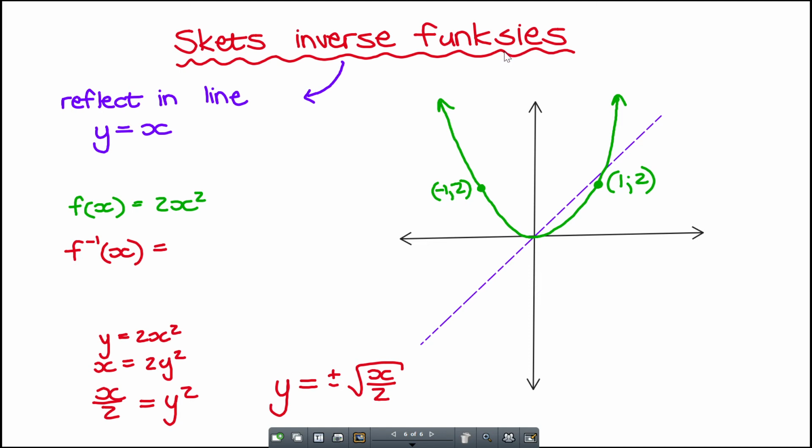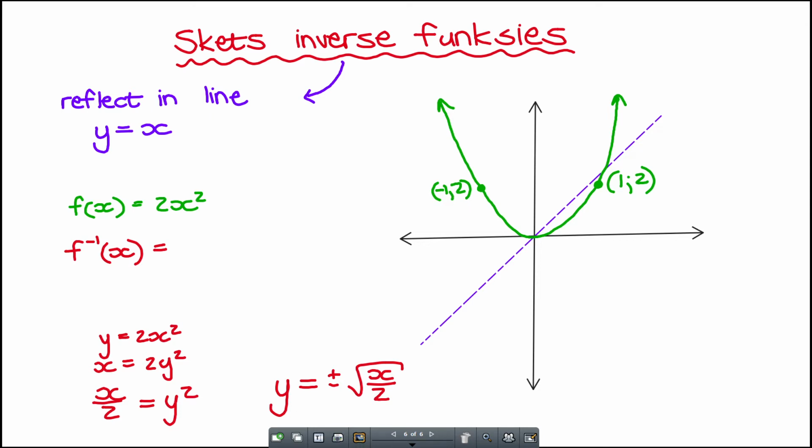Kom ons kyk gou. We were busy sketching an inverse function. So at the bottom here, I asked you guys to get me the formula of that inverse, right?